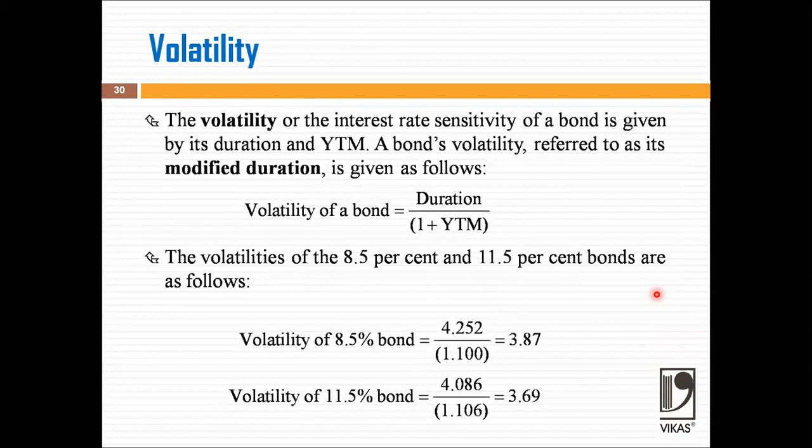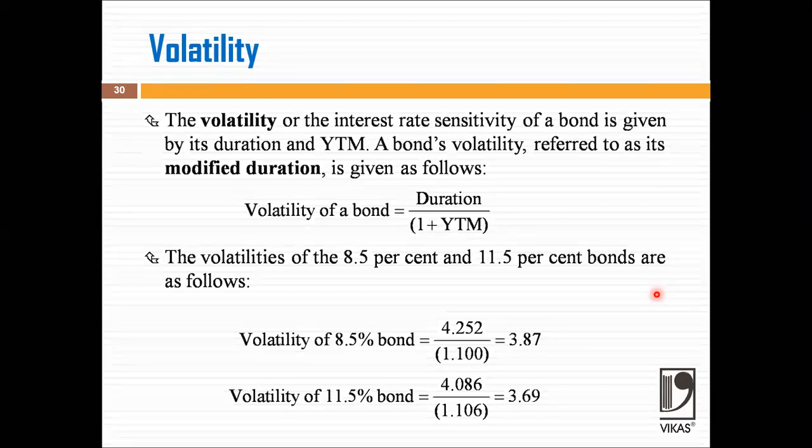The interest rate sensitivity, called the volatility of a bond, is given by its duration and YTM. A bond's volatility, referred to as its modified duration, is given as follows: volatility of bond equals duration over 1 plus YTM.